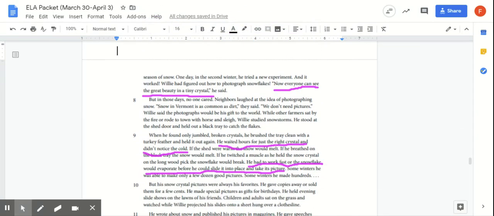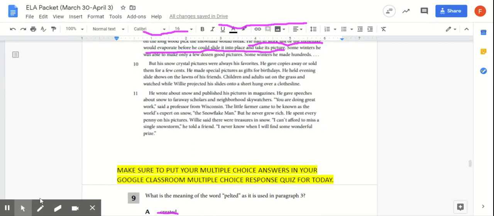Now, paragraph 11. I would take a second to reread this paragraph. Take a look at your answer choices and see if you find any evidence. We can see in this sentence that there's evidence that Willie is willing to spend money on his expensive equipment.